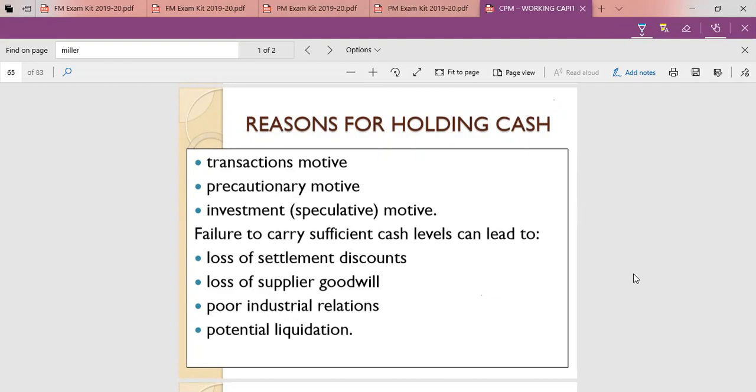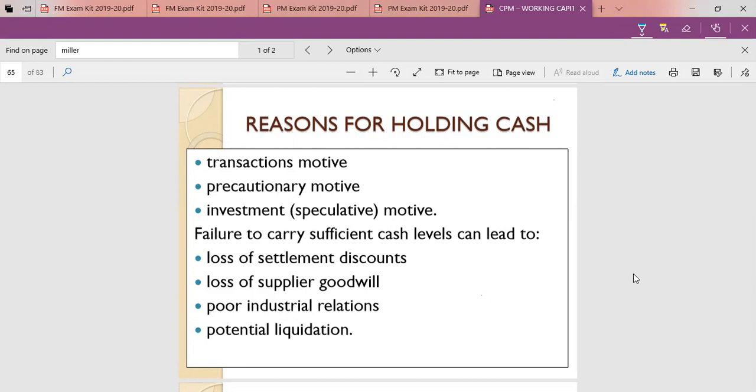Apart from that, if they foresee that some unfavorable things would happen, to meet such a situation also, an amount of cash balance is maintained.